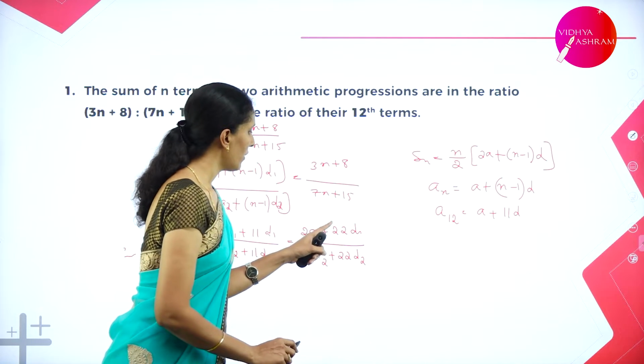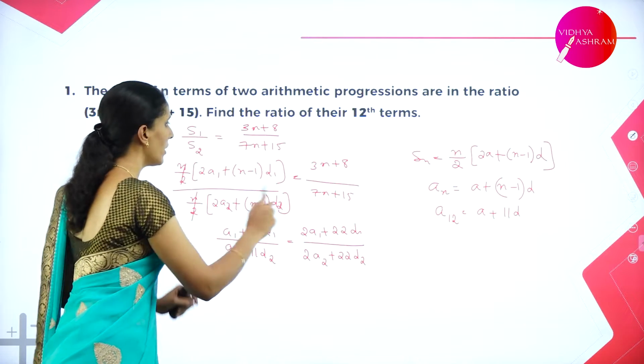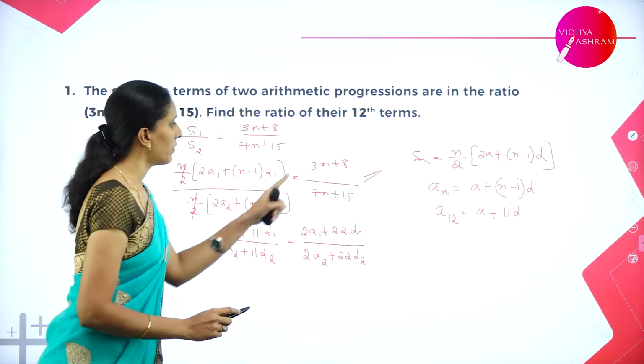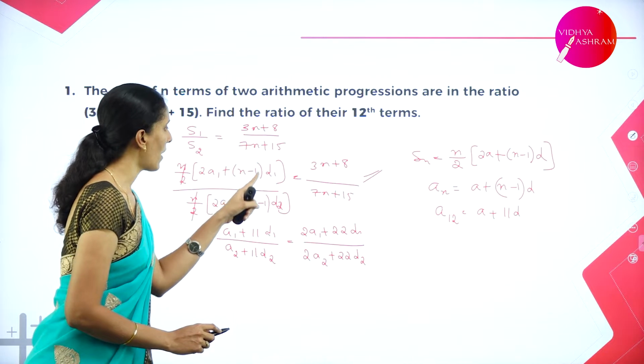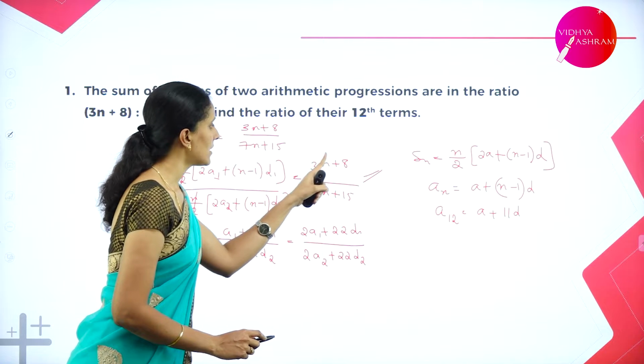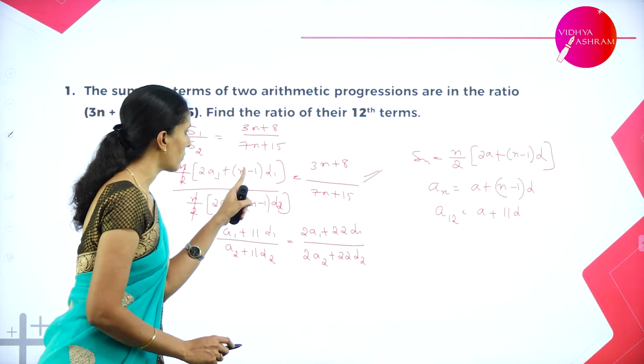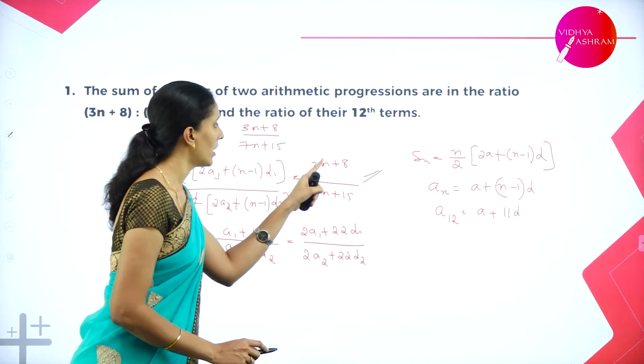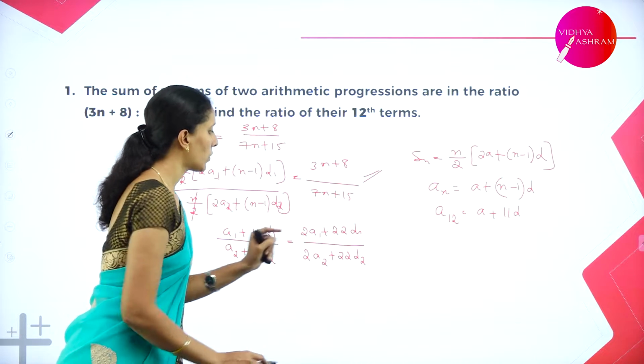Now, according to this equation here, if this is 22, then this is n minus 1. Clearly, this is in the form of 2a1 plus n minus 1 into d1, so if this is n minus 1, then this is n. So, let us compare to this now.